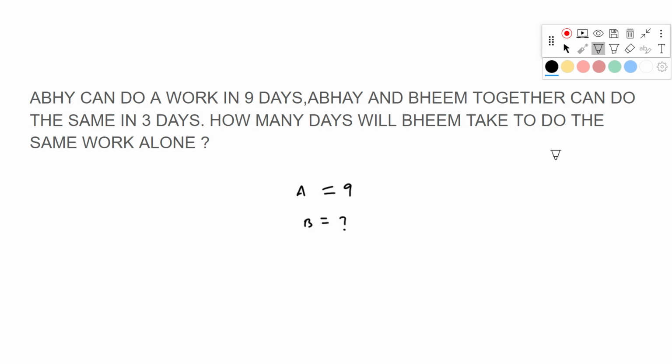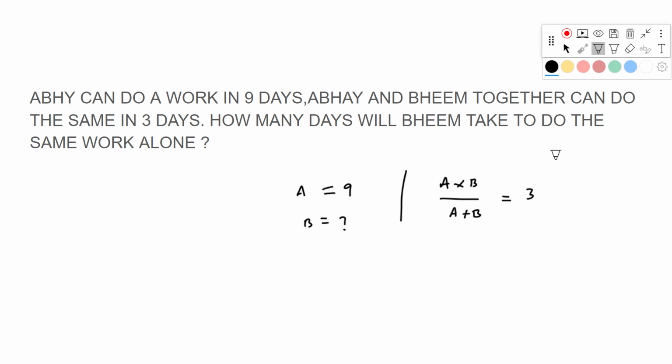Abhay and Beam together can do the same work in 3 days. That means together work is given by A into B over A plus B, and this together work is 3 days. So we have to find out B alone.